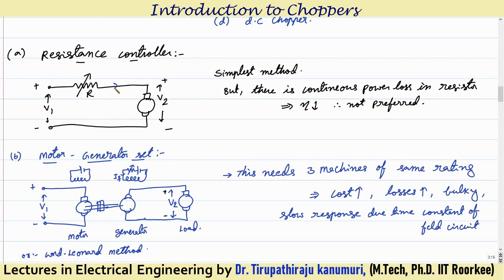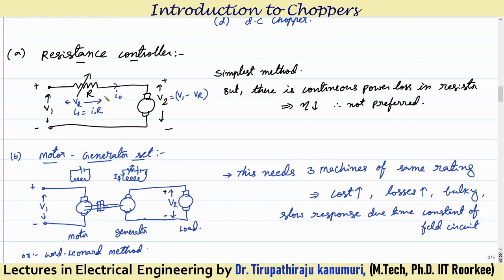Let us take for example that the current going to the load is I0. The voltage drop across this resistor will be equal to I0 multiplied by R. Accordingly, V2 will be equal to V1 minus VR. So this much voltage will come to your load. By this we can flexibly control how much voltage comes.